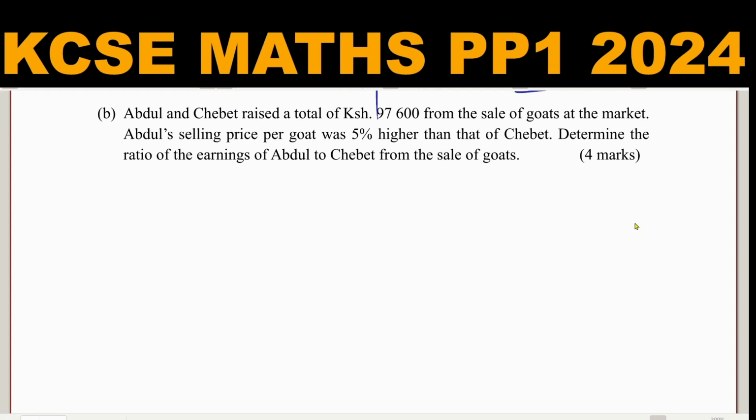Now given that both of them raised a total of 97,600 from the sale of goats, I think the key thing here is that Abdul's selling price per goat was 5% higher than that of Chebet.